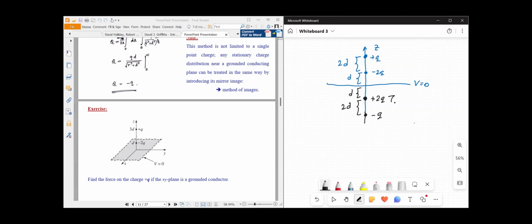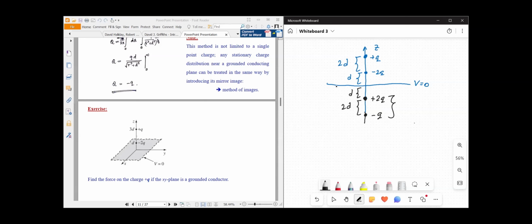So these are the images of the initial charges. When I introduce these images, those images and these original charges will act like the situation where we have a grounded conductor. So when we introduce these image charges, it is the same situation.